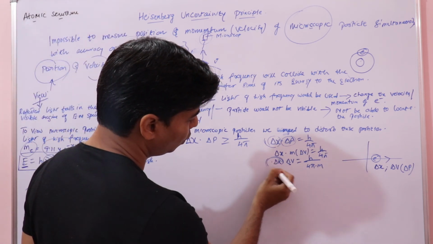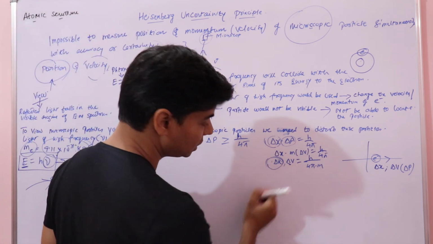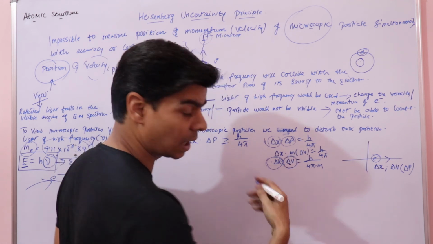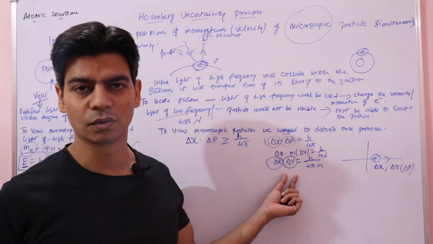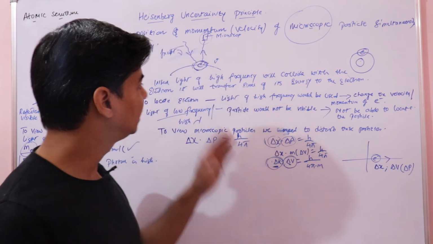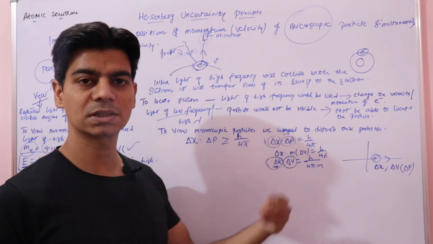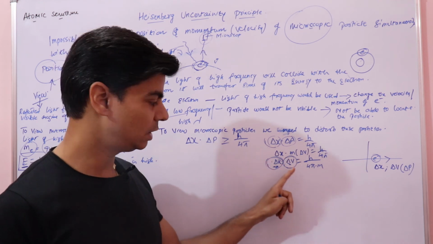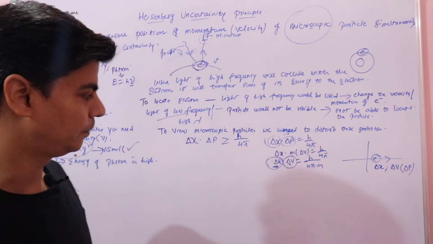We are able to locate it due to the high frequency, so uncertainty in position is low, but uncertainty in velocity is high, because the photon, when collided with the electron, has changed its velocity. So these two are inversely related to one another.